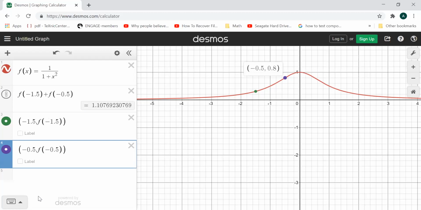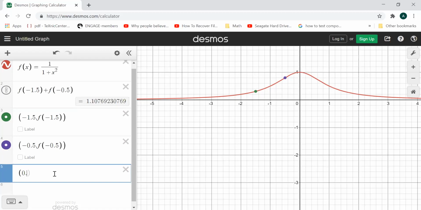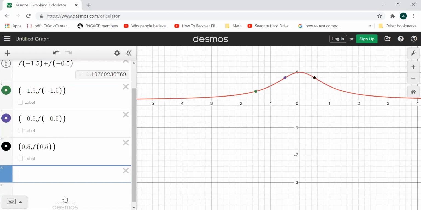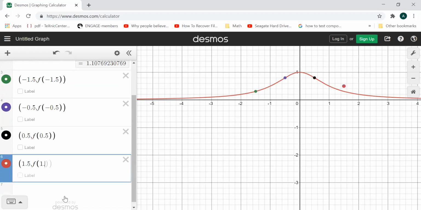Then we have a symmetric one on this side: 0.5 and f of 0.5. Over here there's 1.5, and f of 1.5, which is over here, and that's about it.